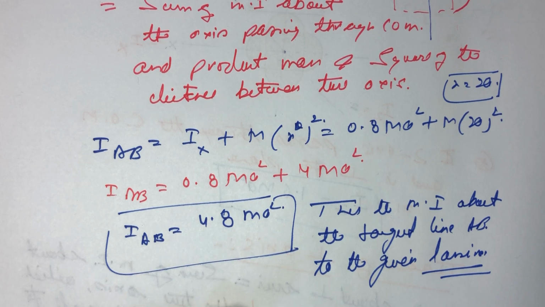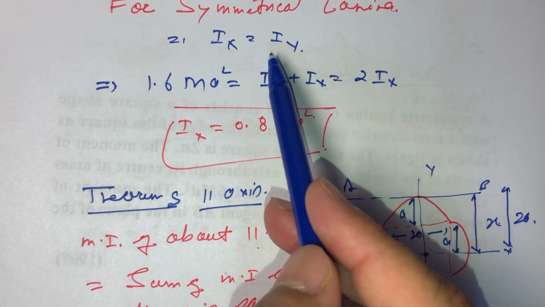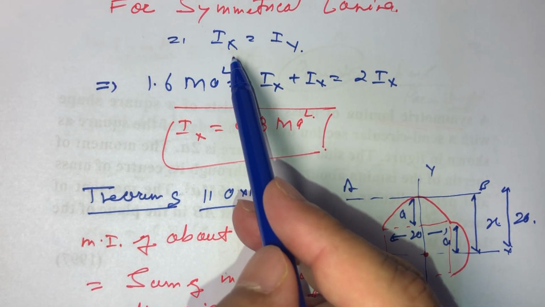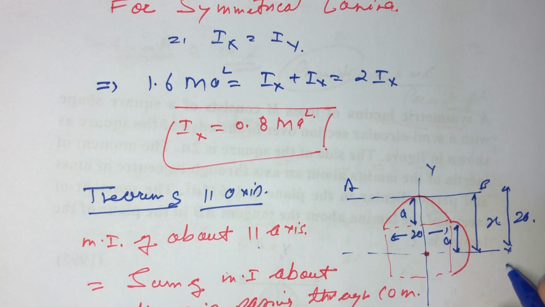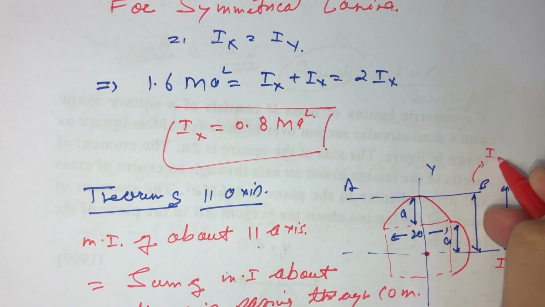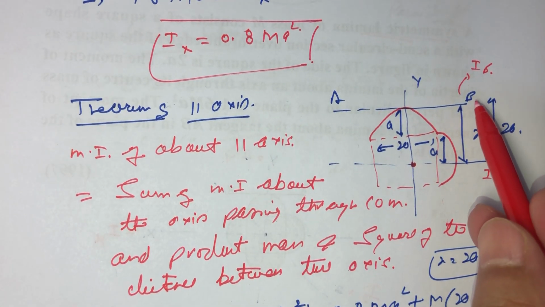Now in this case we substituted Iy as Ix, because from the figure we can see that this is our Ix and this is our AB. So Ix is parallel with AB.